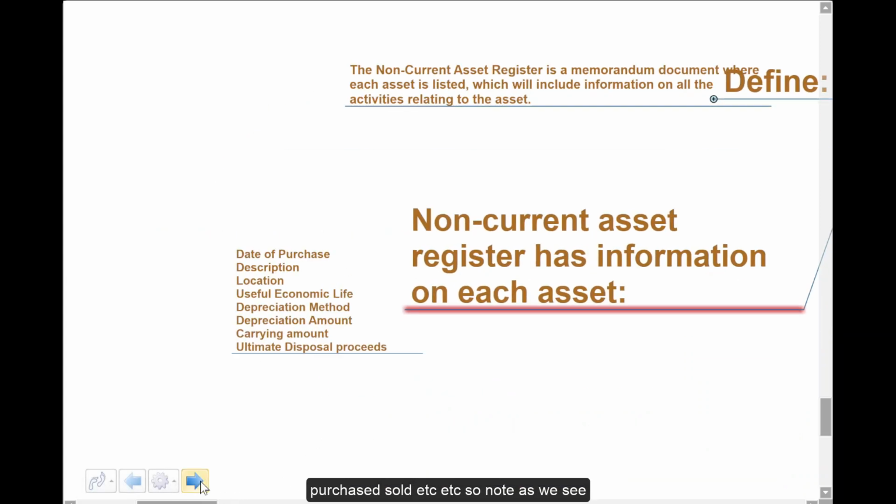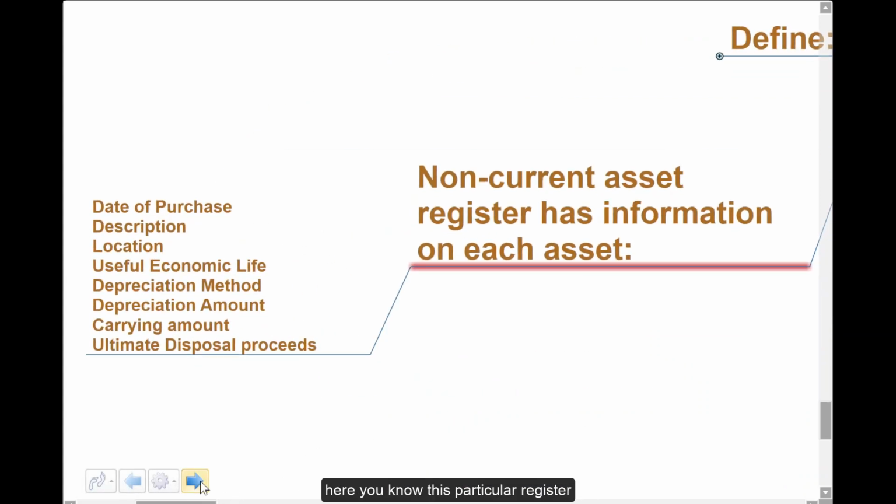So note, as we see here, this particular register or memorandum is going to have just about every piece of information that it's possible to have in relation to each asset in the business. And you think about it, if we're talking about large entities, they may have thousands and thousands of assets. They need to have a way of controlling them and indeed checking on them.